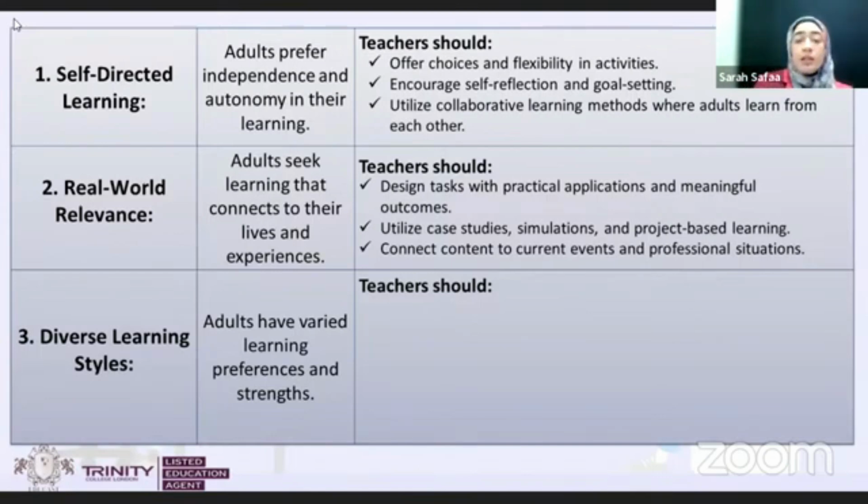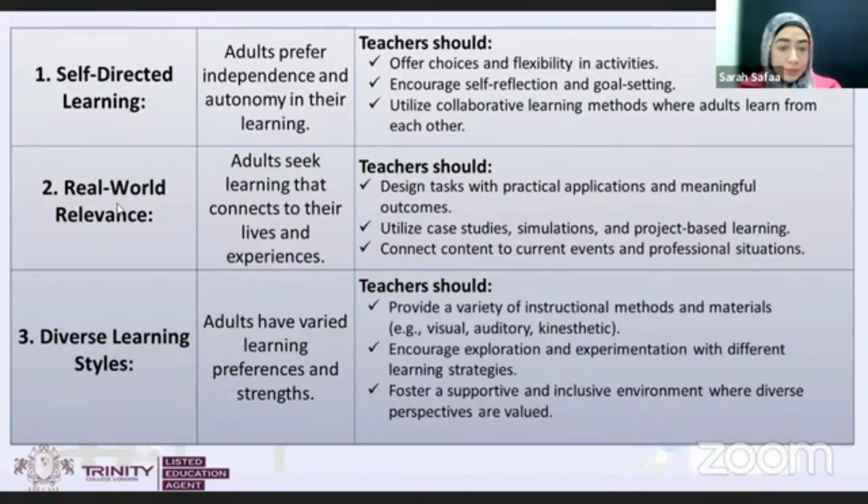If something is going on, include it inside your classroom. Number 3, provide a variety of instructional methods and materials: visual, auditory, kinesthetic. Encourage exploration of different learning strategies, and foster a supportive and inclusive environment where diverse perspectives are valued.